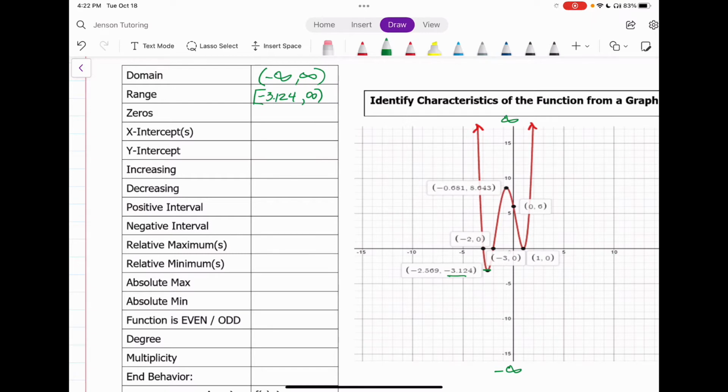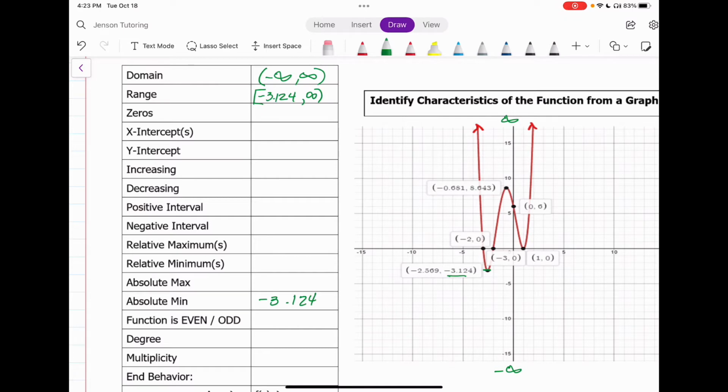So we could work all of these things in order, but sometimes it makes sense to say, well, what's related to that range value, that negative 3.124? Well, that's the lowest point on my graph. So that's actually going to be my absolute minimum. This graph is going to have an absolute minimum at that same value, negative 3.124.